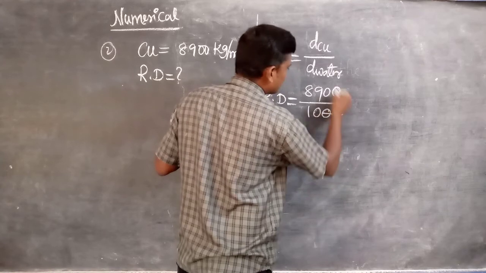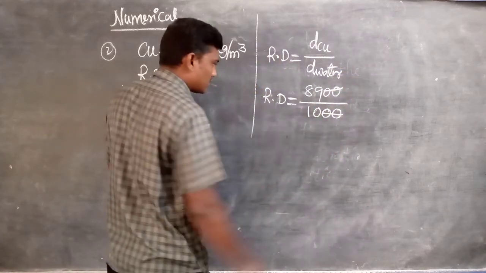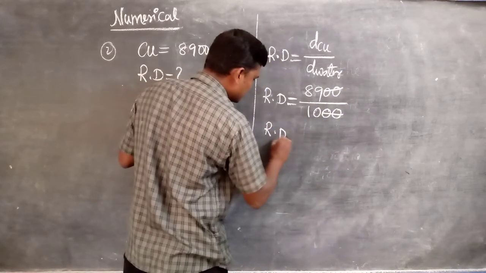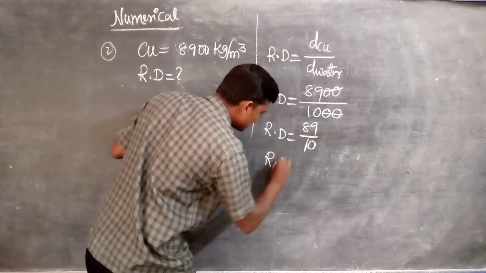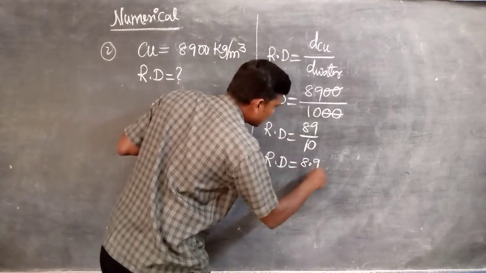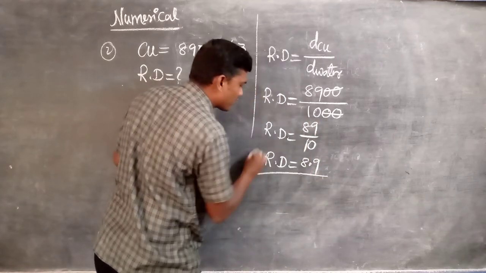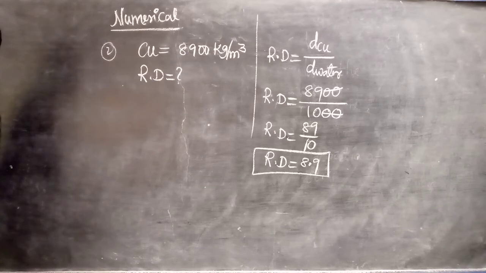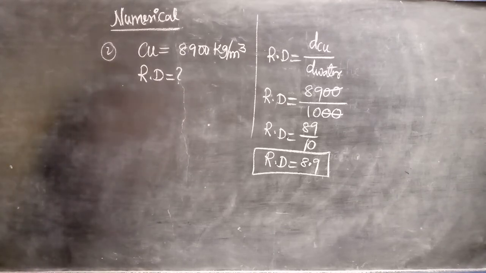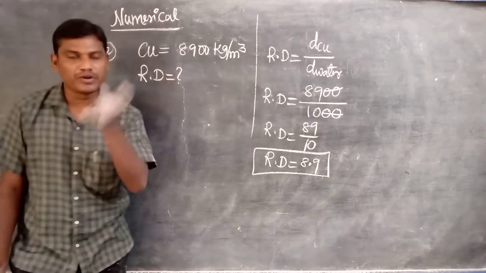Two zeros get cancelled, so relative density equals 89 upon 10, which is 8.9. Directly I could write it here, but this is for your understanding. So the relative density of copper is 8.9. Memorize that.